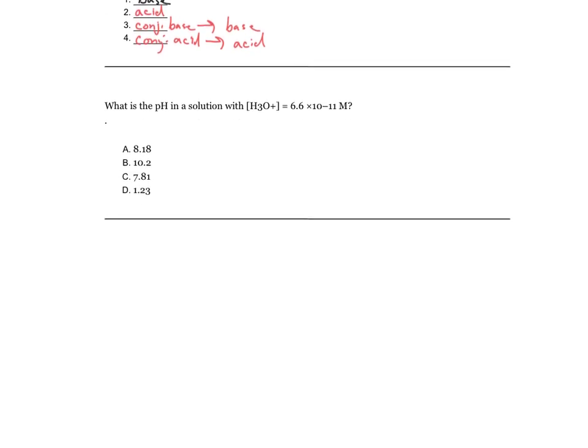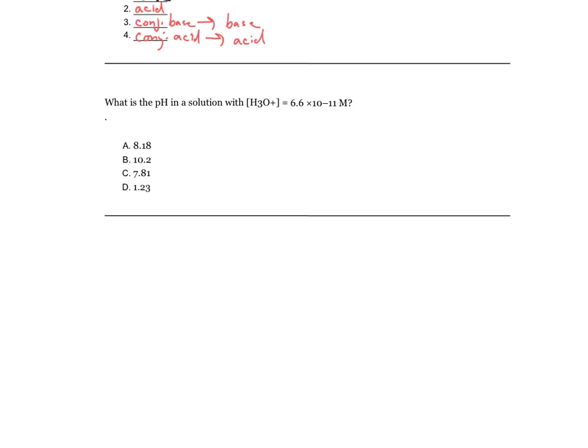The next question. What is the pH in a solution with an H3O plus concentration of 6.6 times 10 to the minus 11 molar? So pH is the negative log of the concentration of H3O plus.